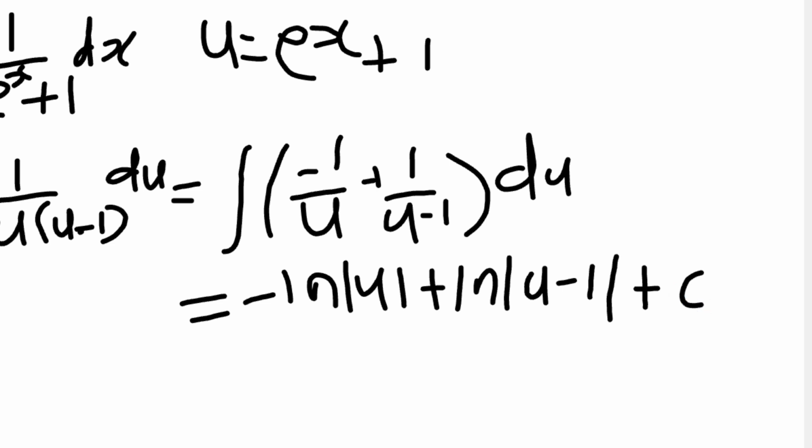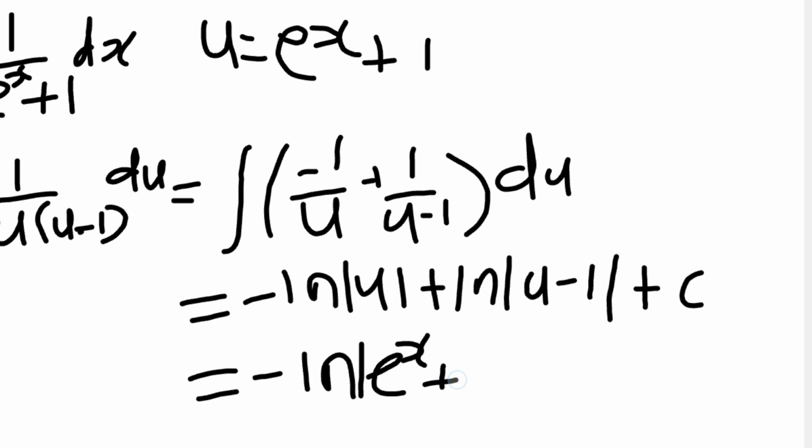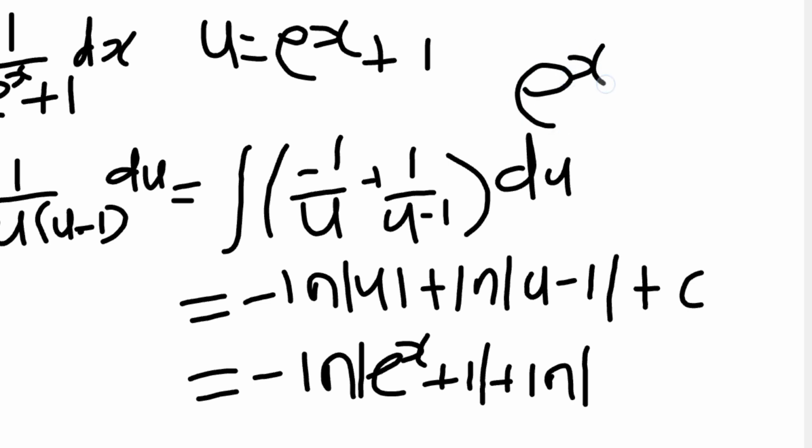We're very close to the final answer. What is left for us to do is to substitute back again. And remember, we had that u was equal to e raised to the power of x plus 1. So we're going to have negative ln of e raised to the power of x plus 1, plus ln of e raised to the power of x plus 1 minus 1, which is just e raised to the power of x.